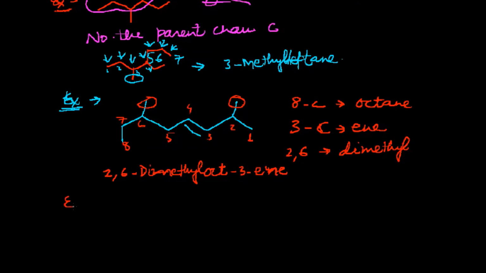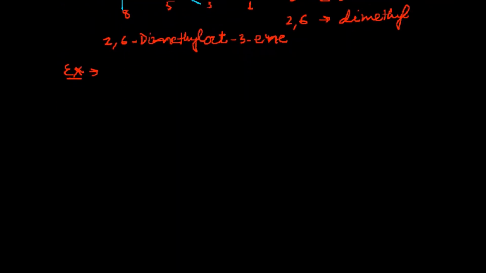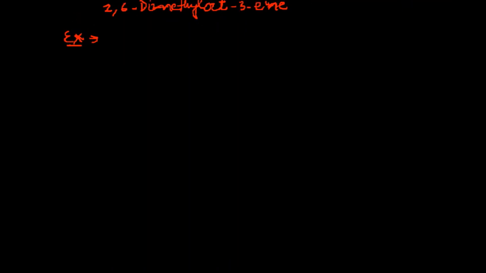Now let us look at another example like this one, where there is more than one double bond. So how do we treat those examples? It's again quite simple. If I just take a double bond here, then a double bond here, and here it is, and here it is.